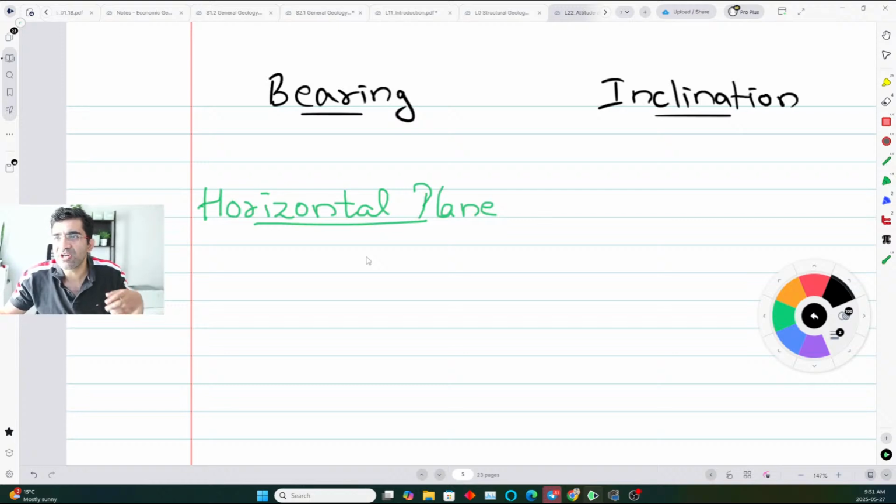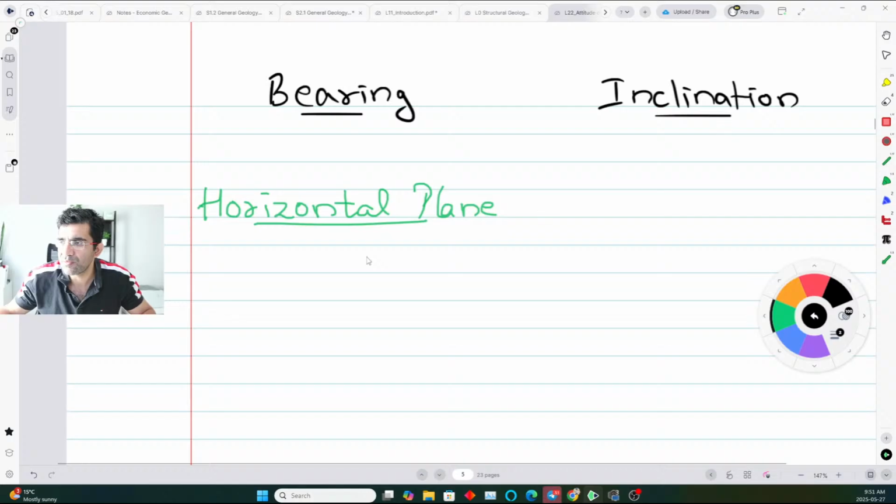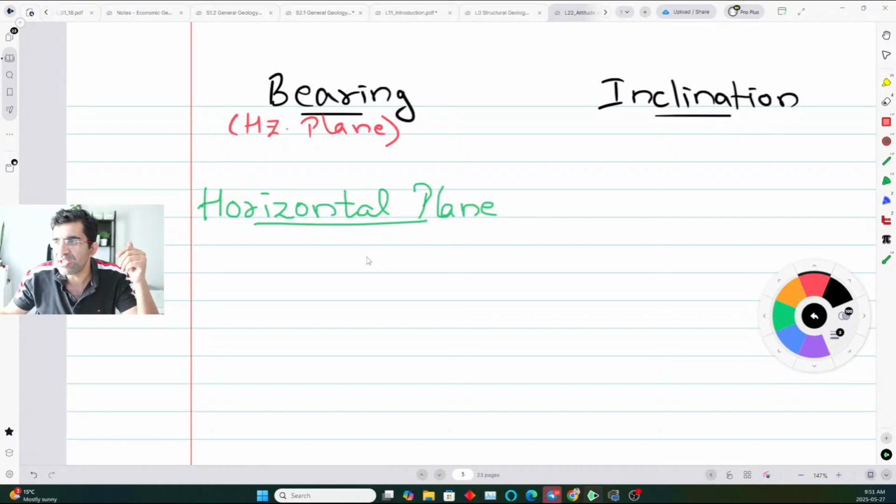Once you understand these terms, you will understand trend, plunge, pitch, rake, dip, strike. For pitch and rake it is less important, but dip and strike will be very important. Remember, bearing is measured in the horizontal plane and inclination is measured in the vertical plane.